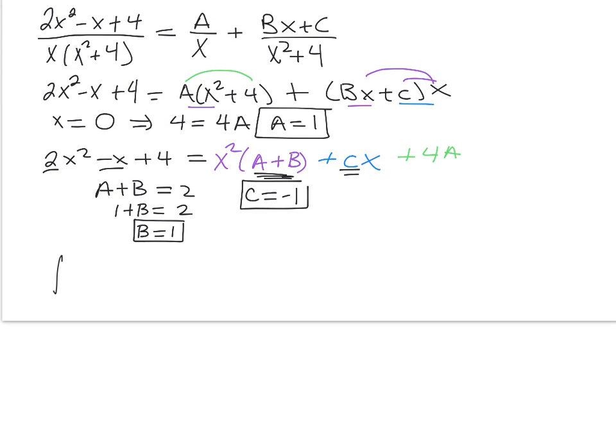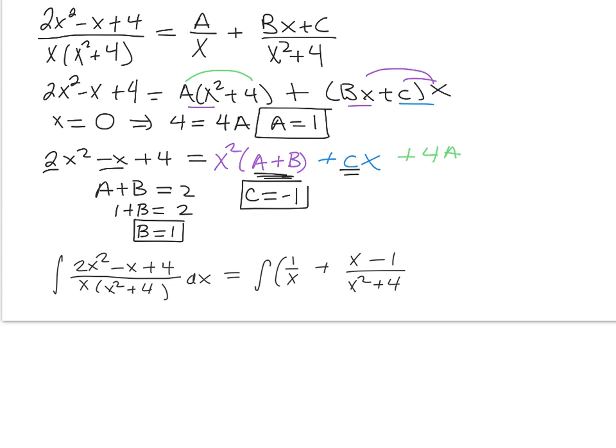So the original integral of 2x squared minus x plus 4 over x times x squared plus 4 is equal to the integral of 1 over x plus x minus 1 over x squared plus 4. Okay, the first integral is easy.